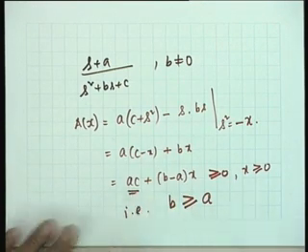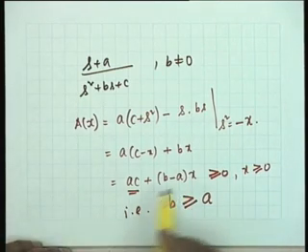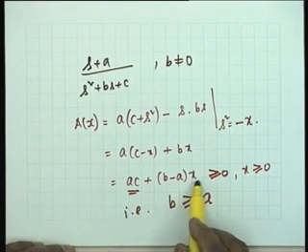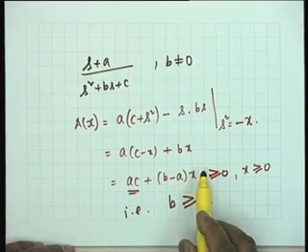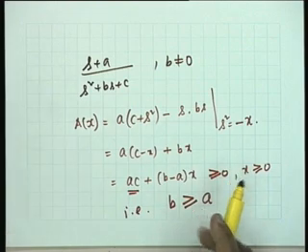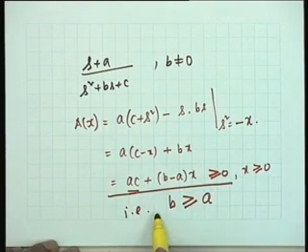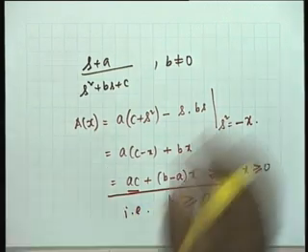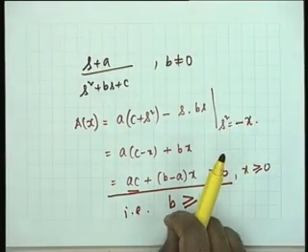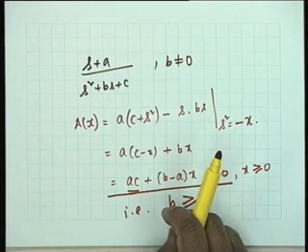You see, ac is a positive quantity. This is the only quantity which can lead to negative signs, and negative signs can occur only if b is less than a, and therefore in order that this remains non-negative, we must have b greater than or equal to a. This also shows that if b is 0, then a has no other alternative but to comply with b. It has to follow b. It has to be also equal to 0.